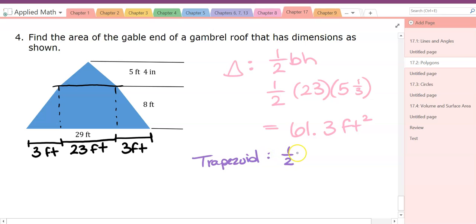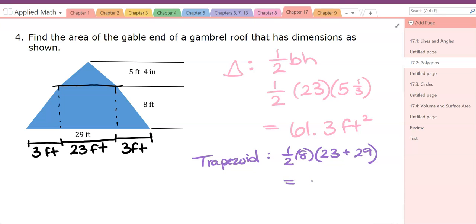The height is 8. And the 2 bases are the 23 and the 29. What does that equal? That's like my final answer. What's just the area of the trapezoid? Okay, so 208 feet squared.